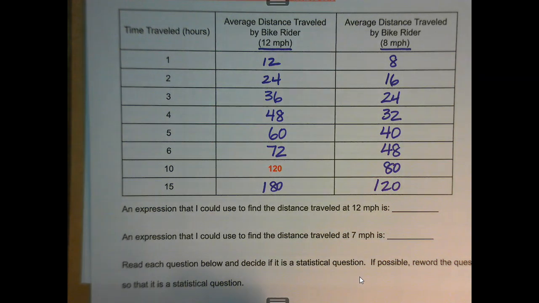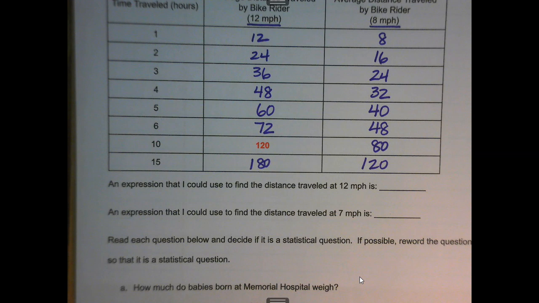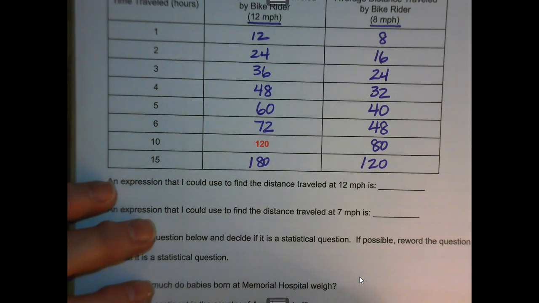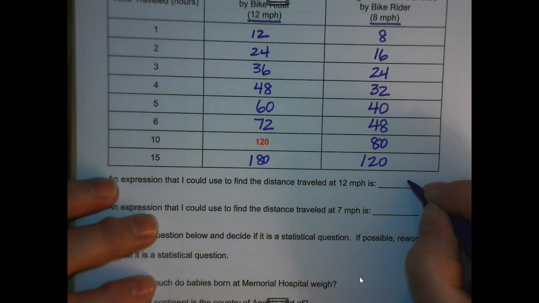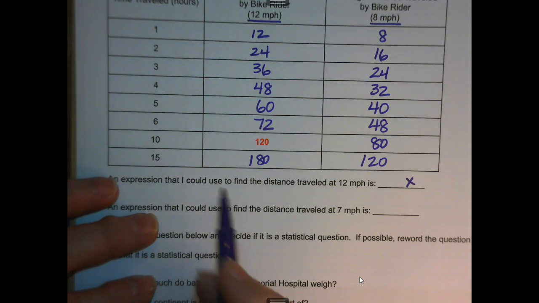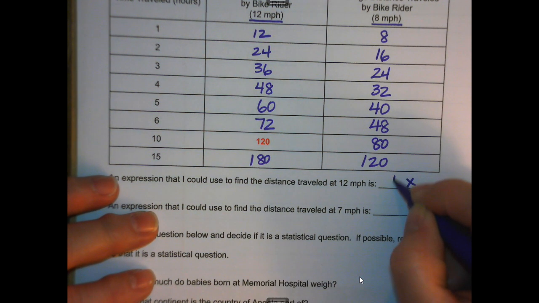All right, then we were asked to move on to come up with an expression that we could use to find the distance traveled at 12 miles per hour, regardless of whatever amount of time we spent traveling. And so when we look at this, we're going to take and use the time as x, and the rate traveled for the first one is going to be 12.